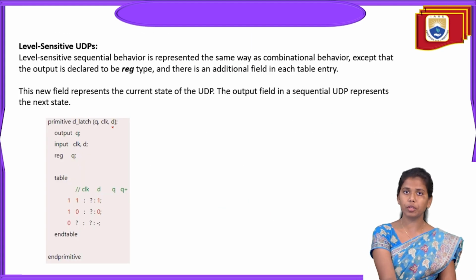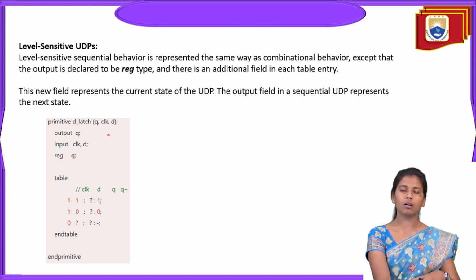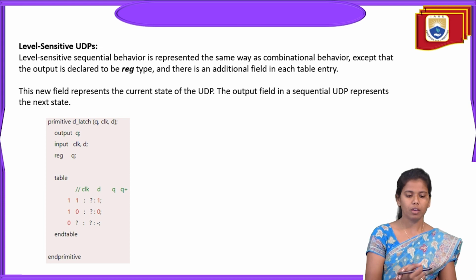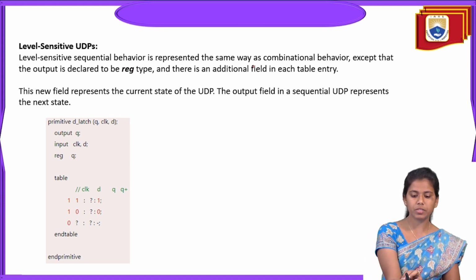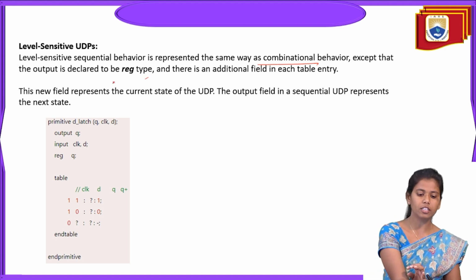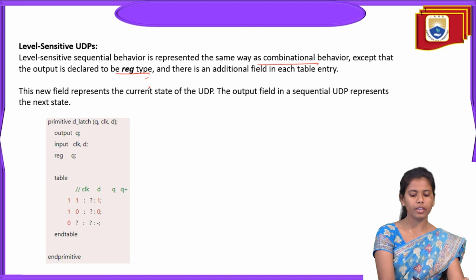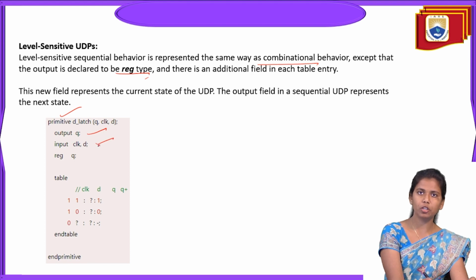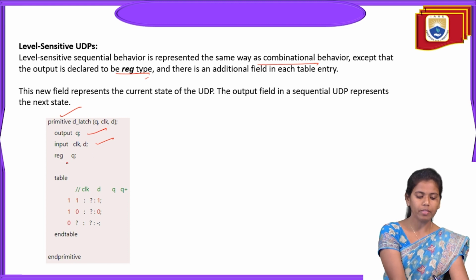Level sensitive UDPs show a similarity with combinational UDPs: the level sensitive behavior is represented the same way as combinational behavior, except the output is declared as register type. In this code, we have considered the primitive D-latch module, with input port, output and clock. We represent the input and output separately, statement-wise.